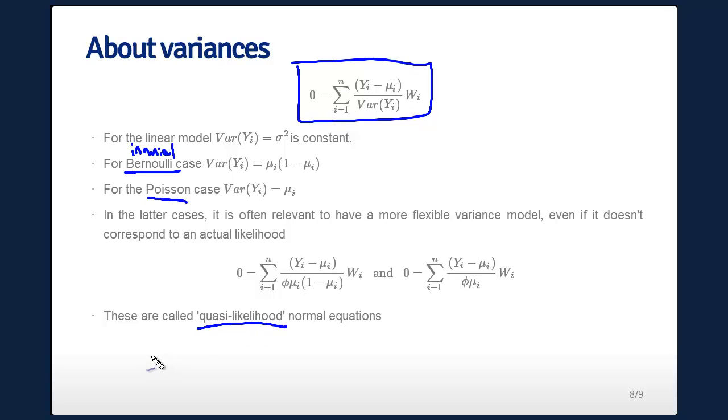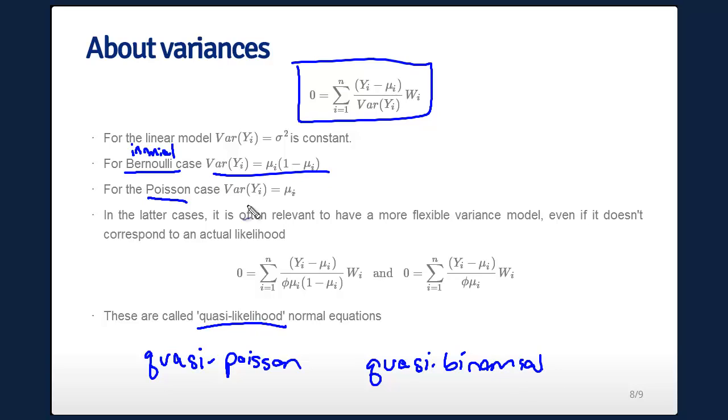So in R, if you say family equals quasi-Poisson or family equals quasi-binomial, the whole point is to relax these very strict assumptions relating the means and the variances in those two models, and it simply fits the standard normal equations, but throws an extra parameter down there in the denominator.